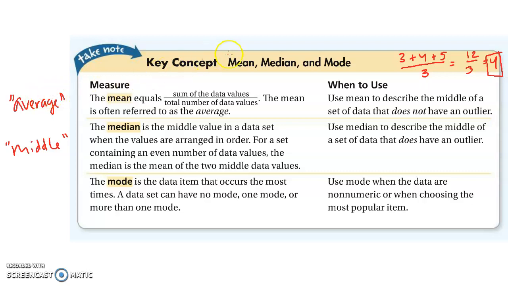Now, for a median, we arrange our data values in order from smallest to biggest. So let's make up some data points. Let's say I have 1, 3, 3, 5, 7, 8, and 10. I just made up some numbers. I want to find the number that's in the middle of all these data points. Well, I count how many we have: 1, 2, 3, 4, 5, 6, 7. So the number smack dab in the middle is the median.